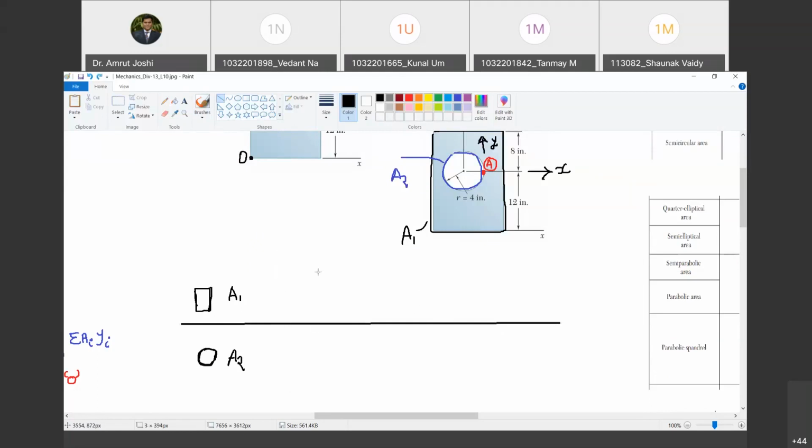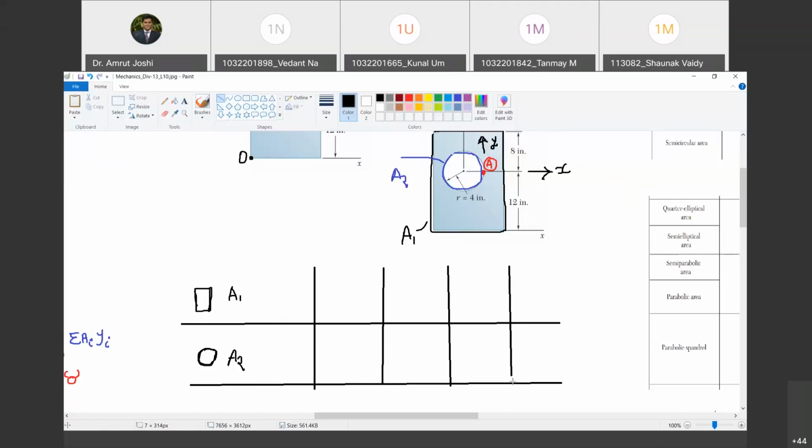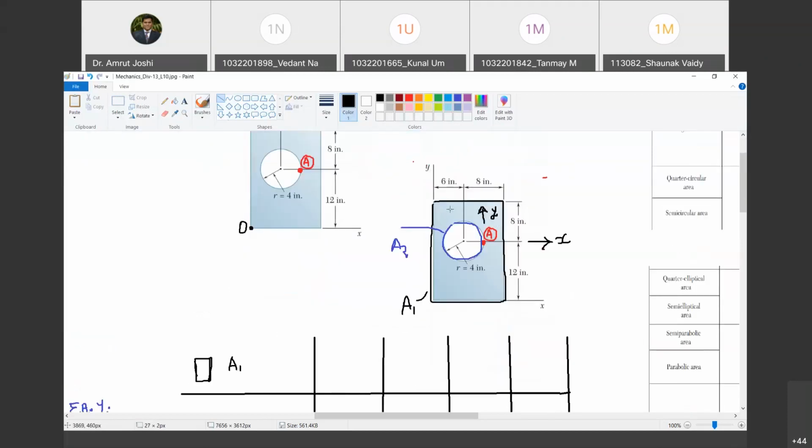Let me create the basic framework. Here we are going to write xi, here yi, Ai xi, and here Ai yi.